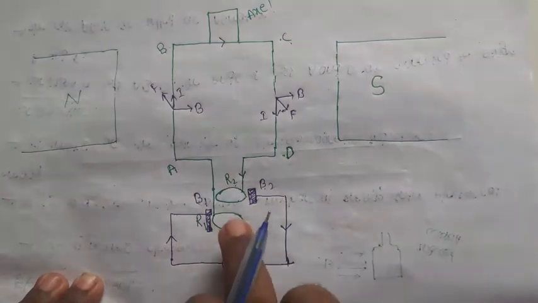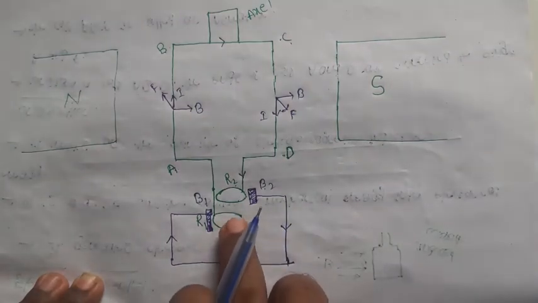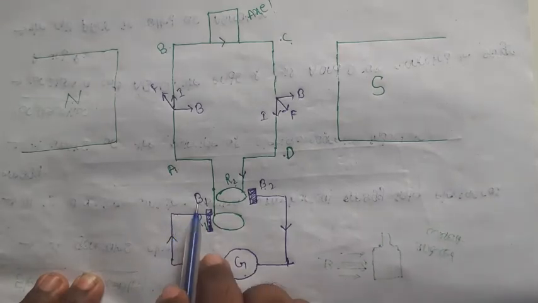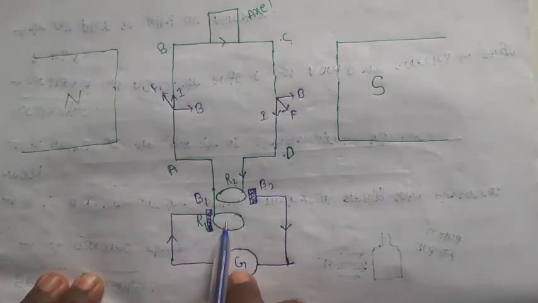That current goes to brush B1. Next, what is the name of the slip ring? The slip ring name is R1. So here brush B1 to slip ring R1.